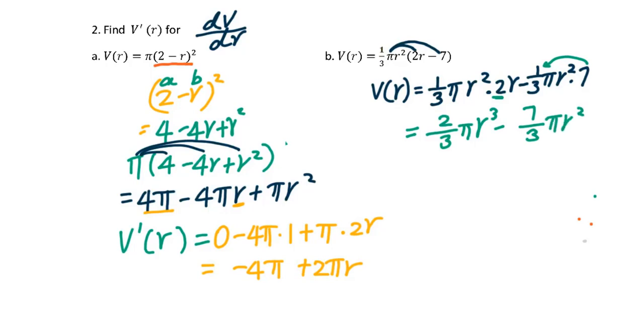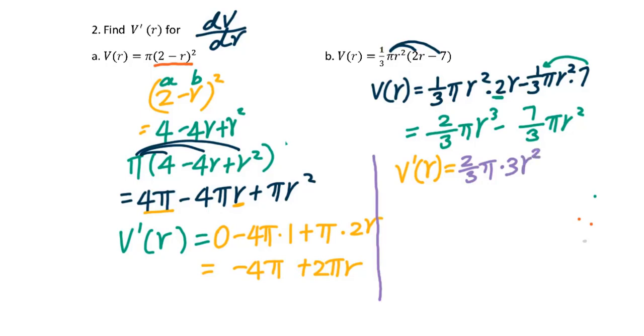Therefore, we have V prime of r equals a constant number. Here it is 2 over 3 pi. For r to the third power, drop down the exponent, reduced by 1.